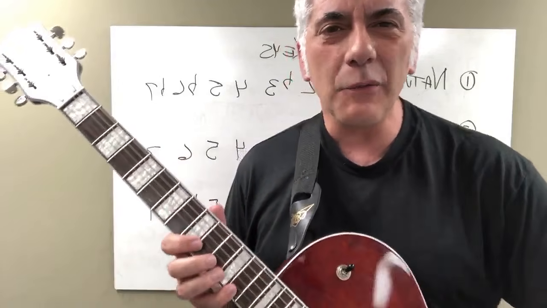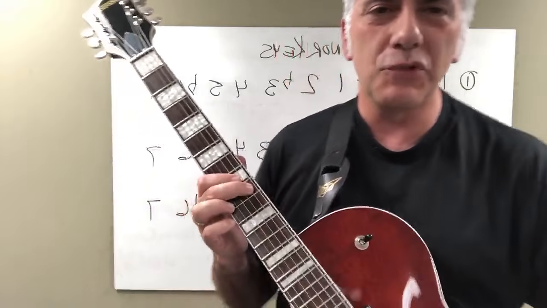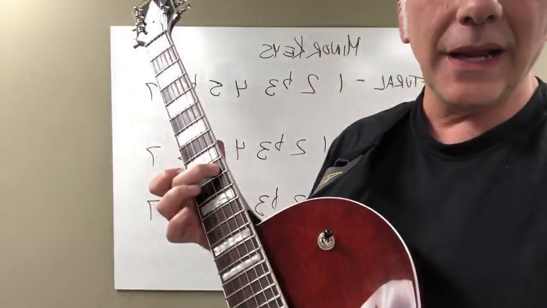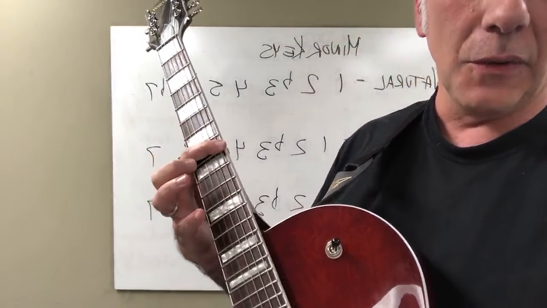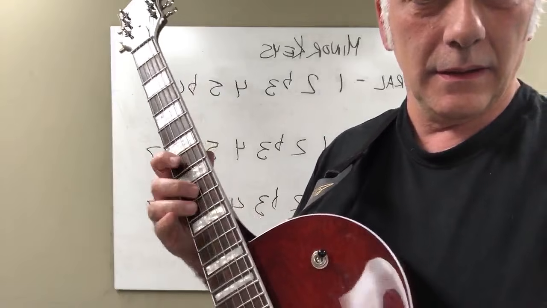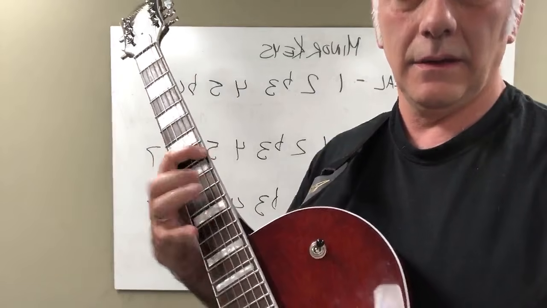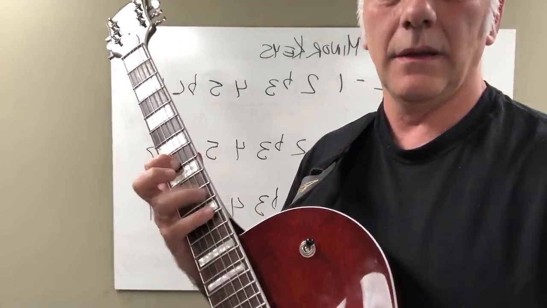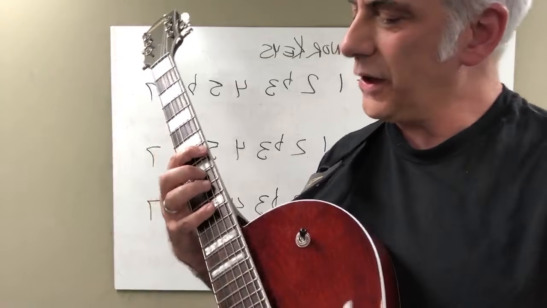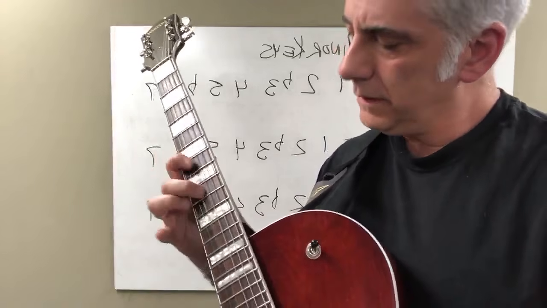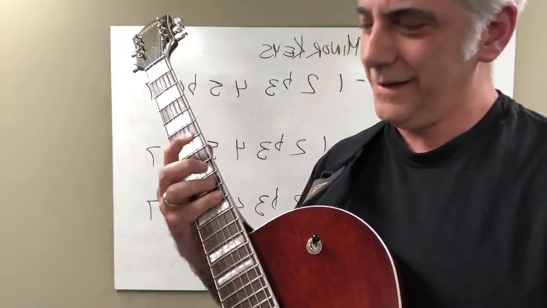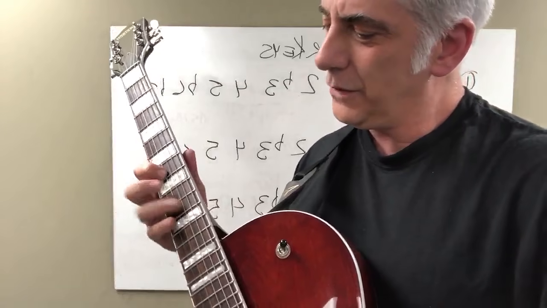You can't really sweep pick that, Ronnie, because I'm jumping over strings. Check it out. I'm going from the A string down to the low E, then I'm jumping over to the G. Woo, that's hard. See if I can do it with Aeolian. Wow, that's hard.